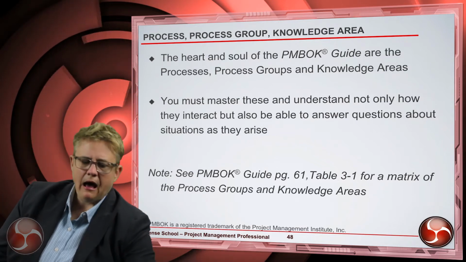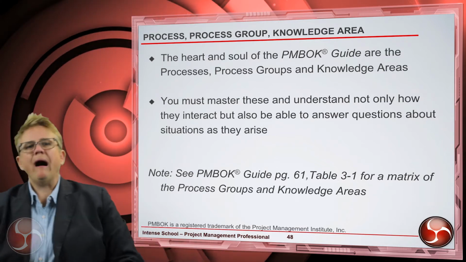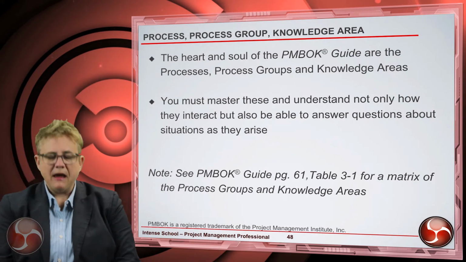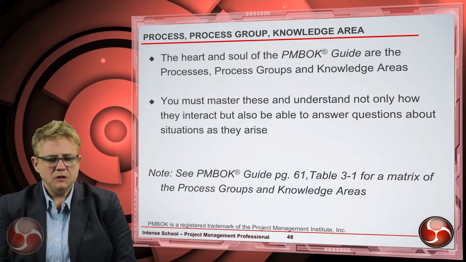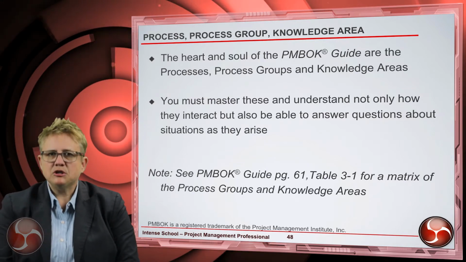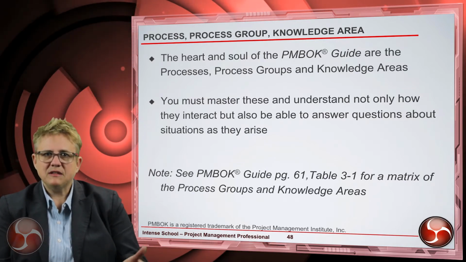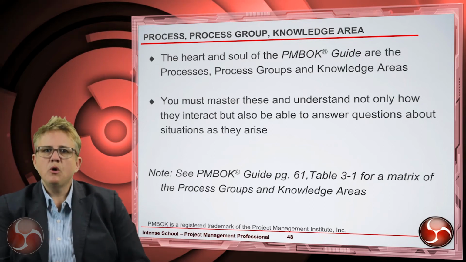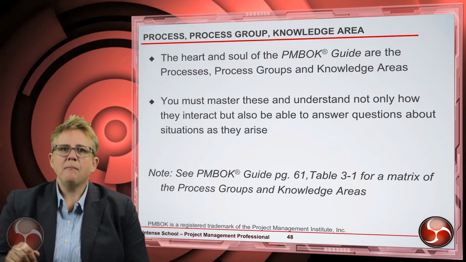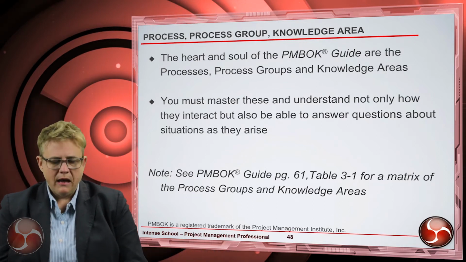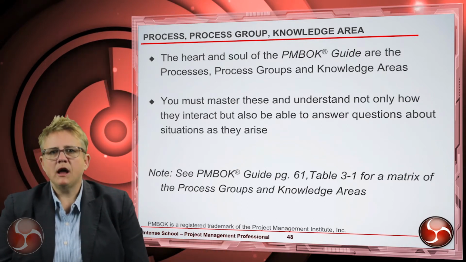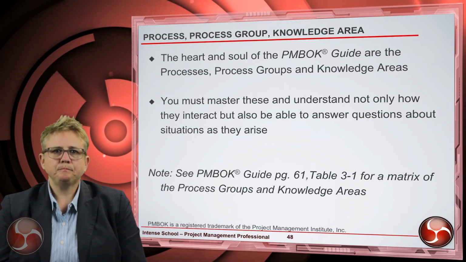As a matter of fact, my recommendation to you would be, while you're studying, to maybe make a photocopy of this and keep it beside you. Because as you can see, just like I described, the knowledge areas are down the left side, represented in rows, the process groups are across the top, and then the processes intersect in the middle. So again, this is in the PMBOK, page 61, table 3-1.